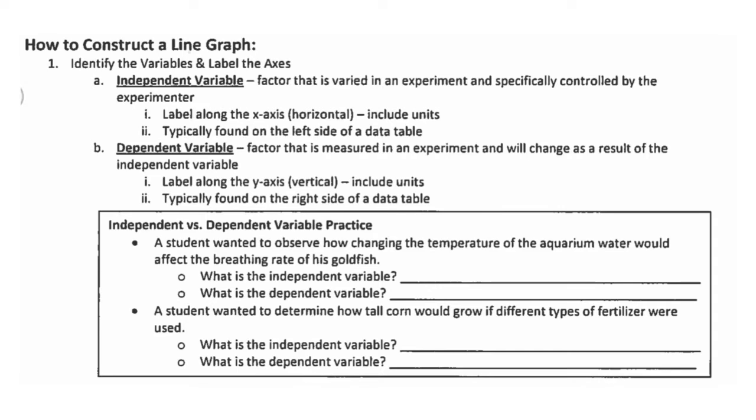So a great way to think about independent versus dependent is which one is causing the change. So changing temperature is affecting the breathing rate. So this one is independent because it's the one that's affecting something. So temperature would be your independent variable. And your dependent variable would be the breathing rate of the goldfish.